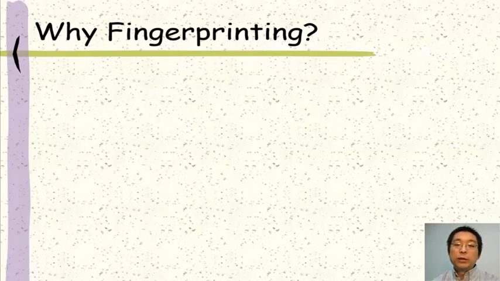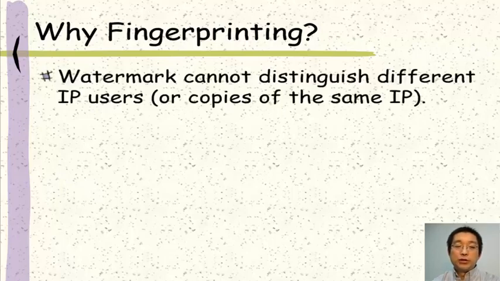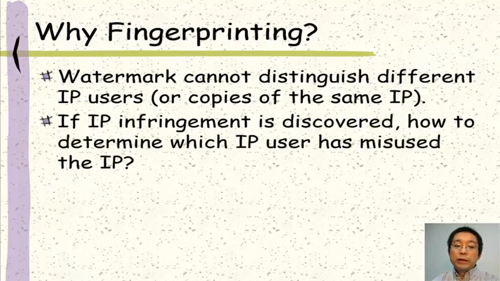First, why do we need fingerprinting? We know that digital watermark can be used to prove IP's authorship. However, it cannot distinguish different users who are using the same IP. When you sell your IP to 10 different customers and you find someone else is also using your IP, can you find out from your 10 different customers who has misused the IP?